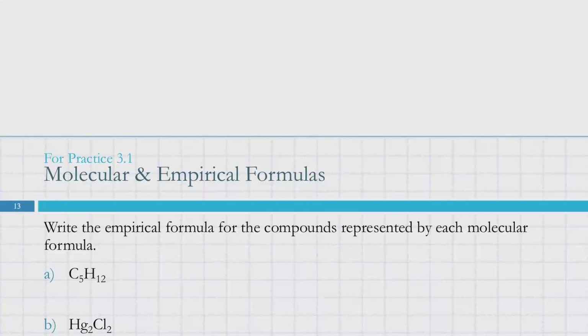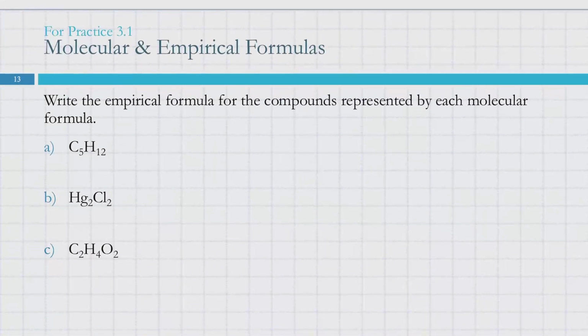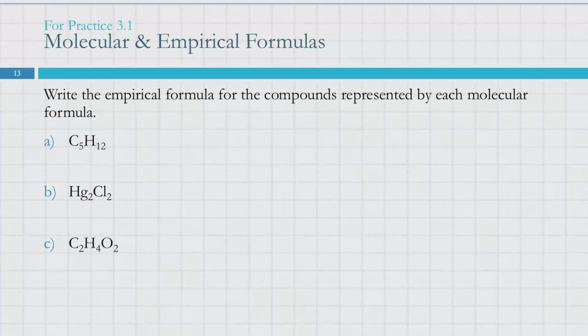All right, let's get some practice with empirical formulae. We want empirical formulas for these compounds. We've got molecular formulas given to us. So for our first one, C5H12, pentane, what is our empirical formula for C5H12?